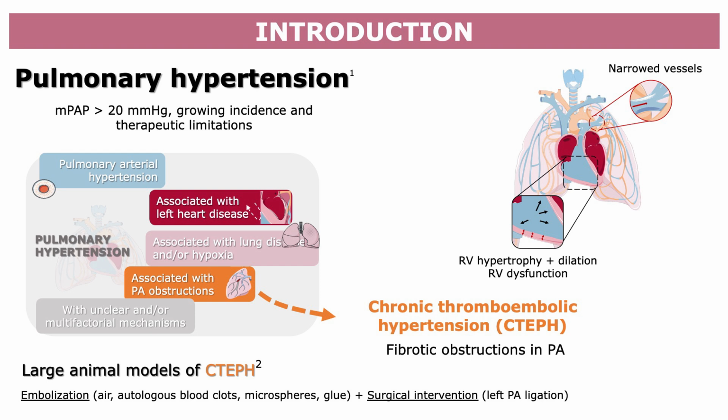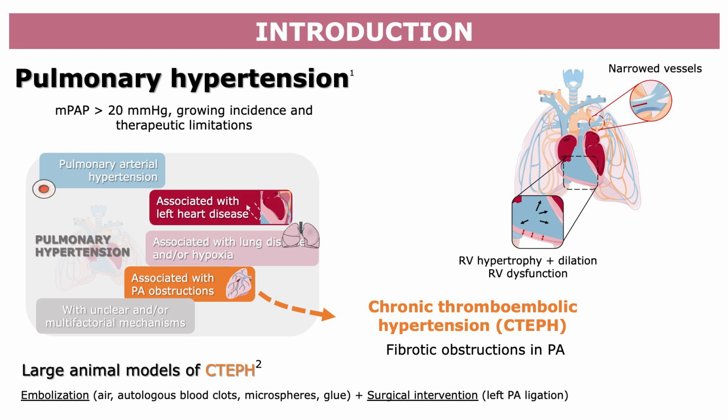Among the 5 groups of pulmonary hypertension, a major cause of PH is chronic thromboembolic pulmonary hypertension, which I will be calling CTEPH. This is a condition characterized by fibrotic obstructions in the pulmonary artery.